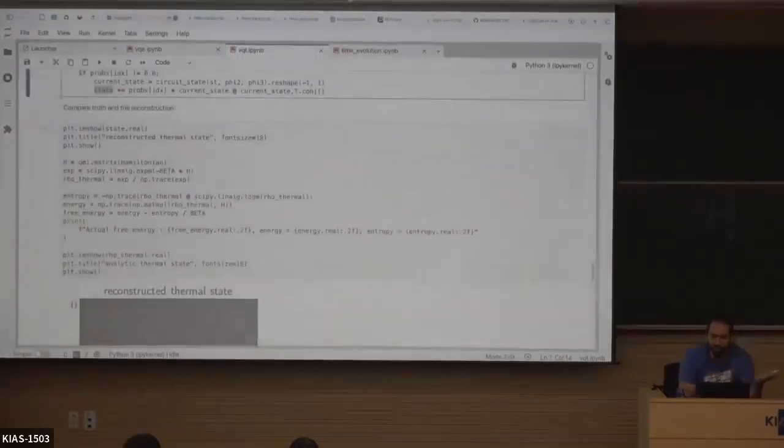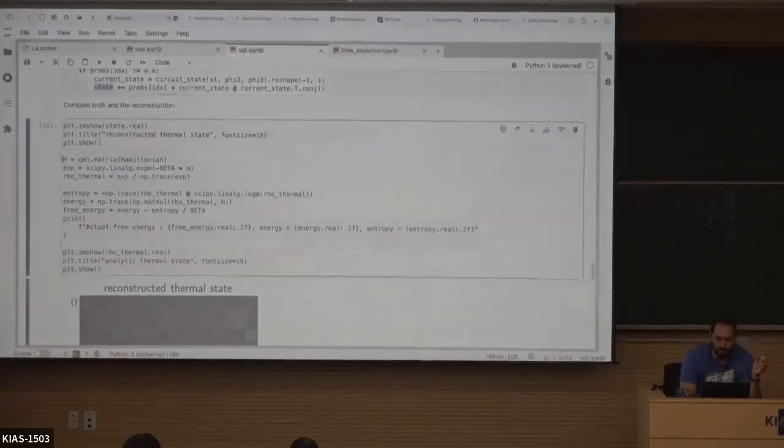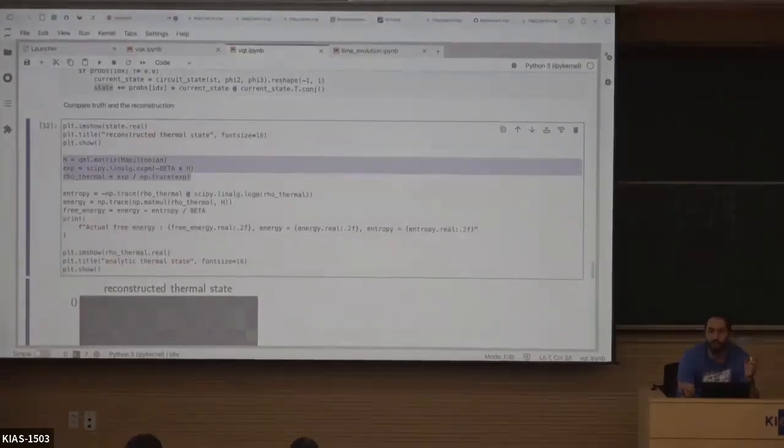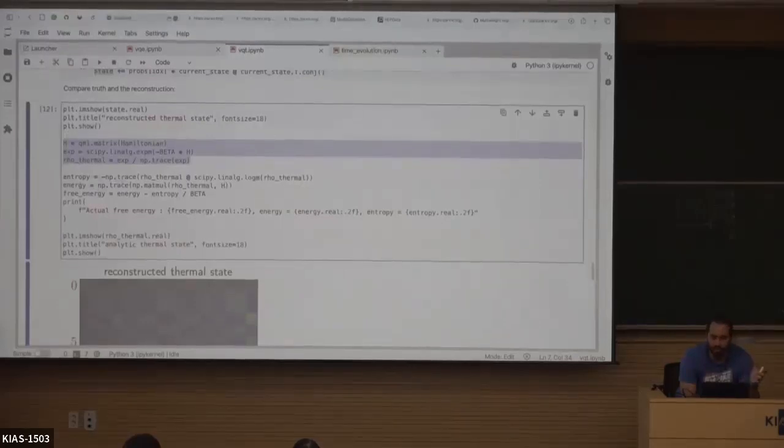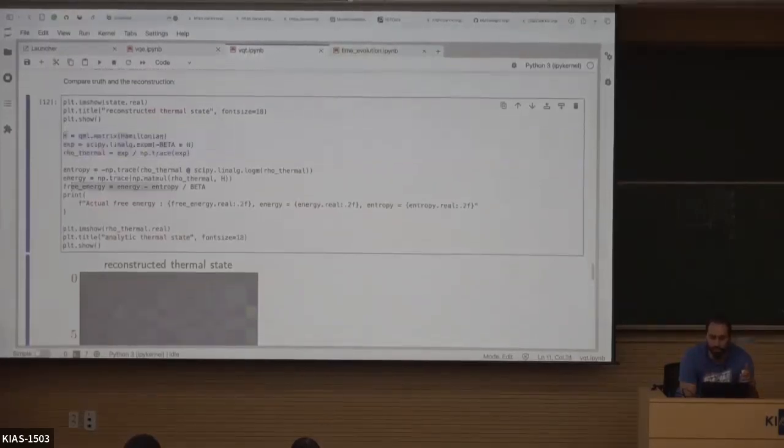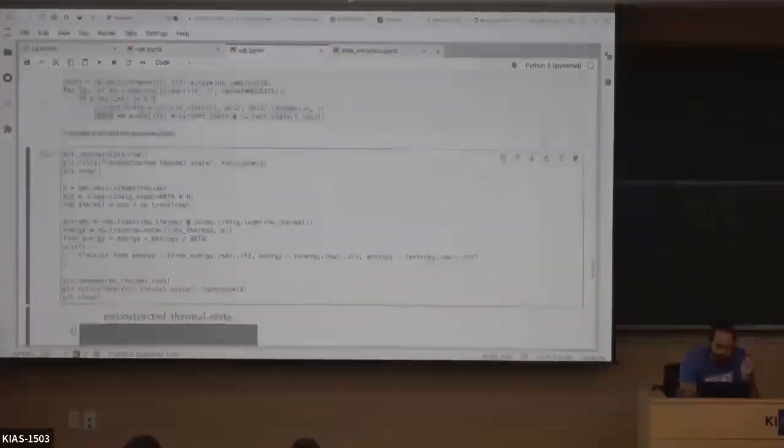Then if I plot it, the first part here I'm doing by hand. This is the exact calculation of the thermal state. If your Hamiltonian is too large, you won't be able to do it. Obviously I chose it small enough so that I can show you. I'm calculating the entropy, energy, and the free energy from this result so that we can compare them together.